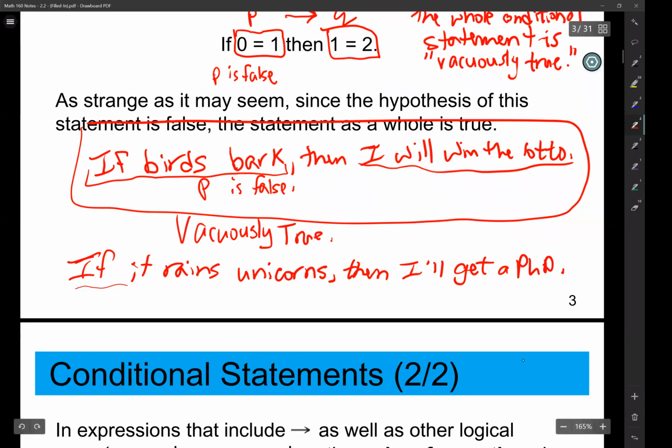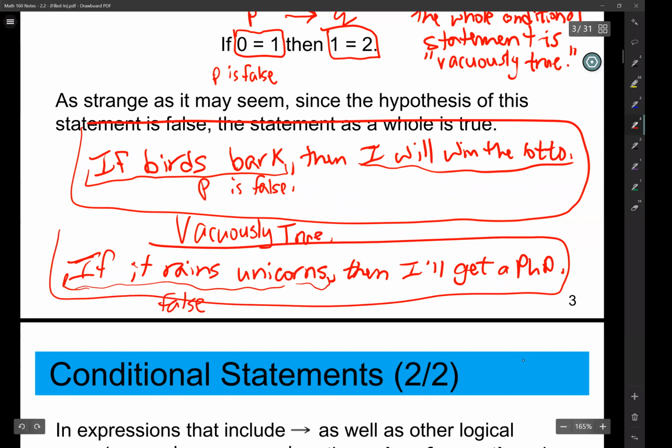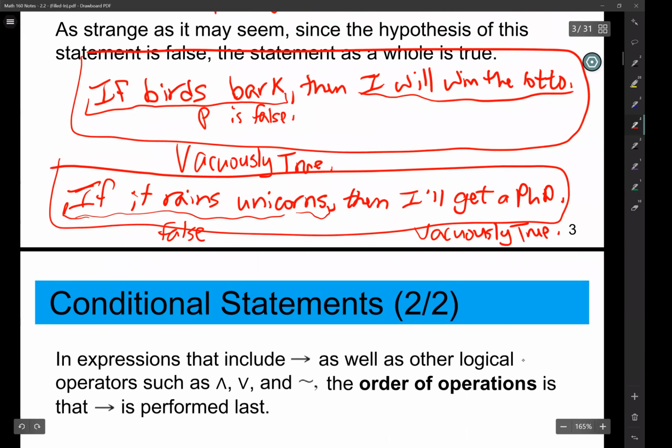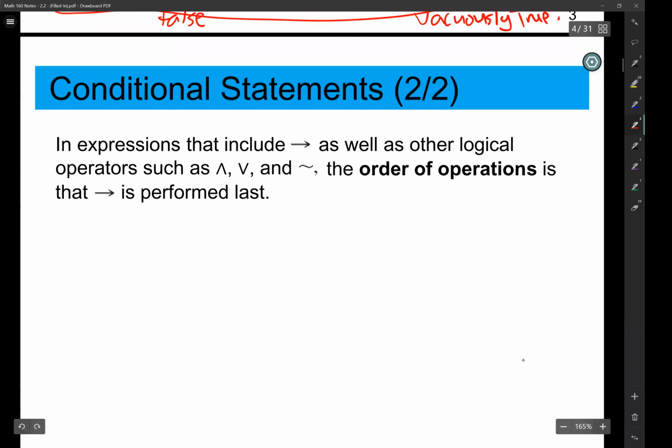This is never going to happen, if it rains unicorns. And again, I'm talking about me getting a PhD. I don't ever want to get one, but I'm sure some of you will be getting one. But the hypothesis is false, so it doesn't matter about the conclusion. Overall, the statement as a whole is vacuously true.